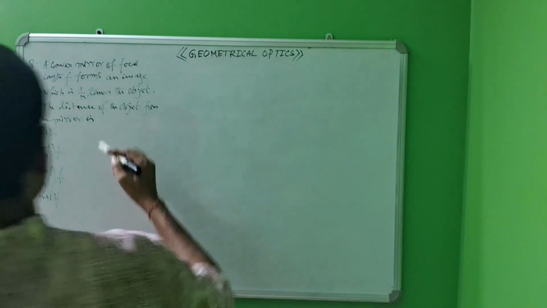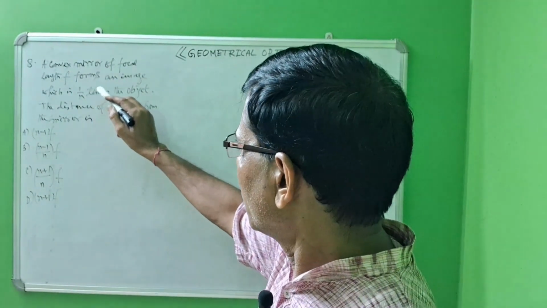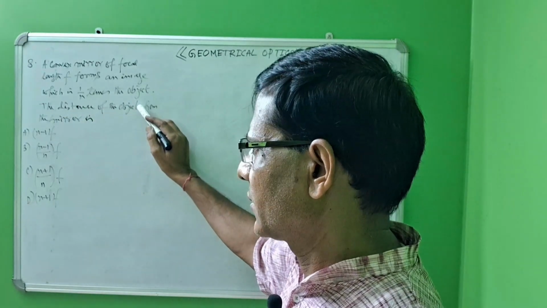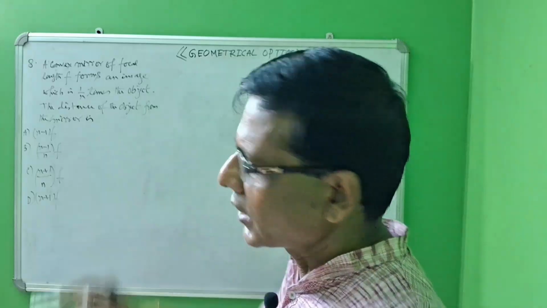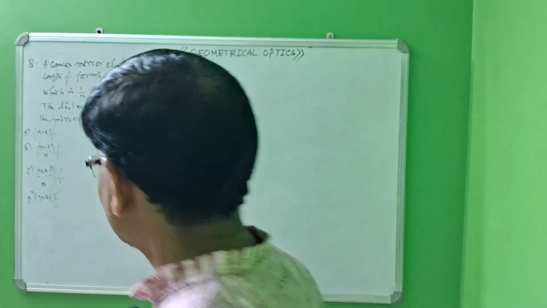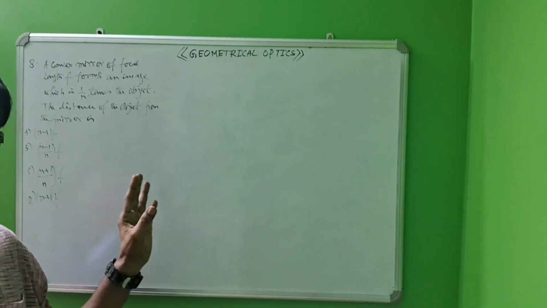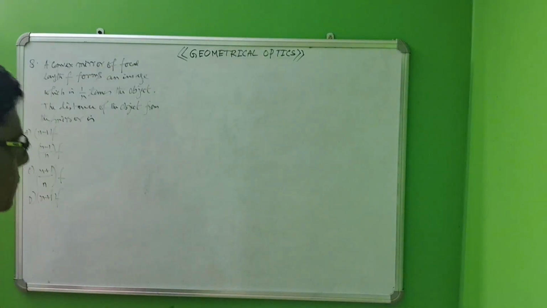A convex mirror of focal length f forms an image which is 1 by n times the object. The distance of the object from the mirror is to be found out. This is apparently easy, but it is complicated through sign convention.